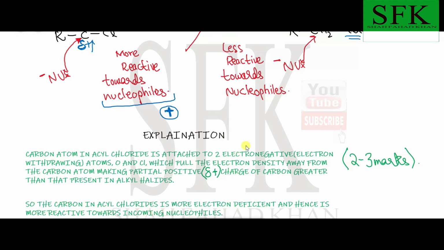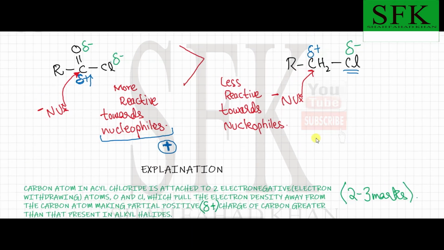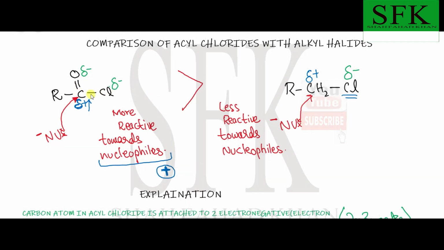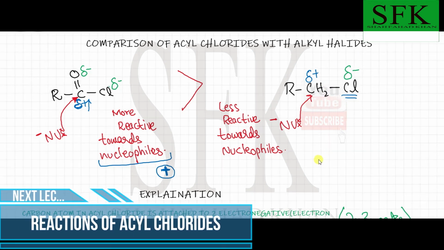So this is the reason why acyl chlorides are more reactive towards incoming nucleophiles: the carbon atom in acyl chlorides is directly bonded to two electronegative atoms, whereas the carbon atom in alkyl halides is bonded to just one electronegative atom, which is the chlorine atom.